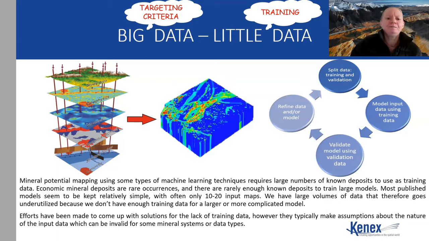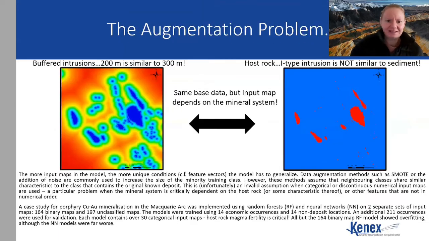So going to the next slide. So the data augmentation problem. Basically, as I was saying, the more unique conditions or feature vectors that the model has to generalize, the more training data we need to effectively do that generalization. Right. So methods like SMOTE or addition of noise get used to increase the size of the minority training class.